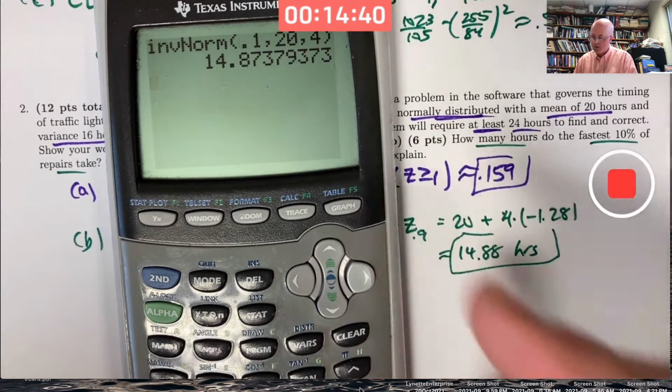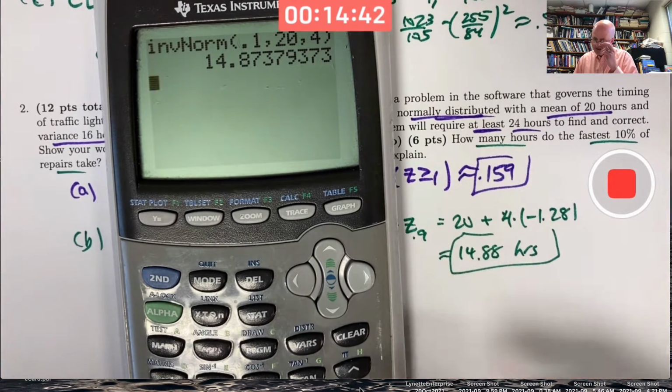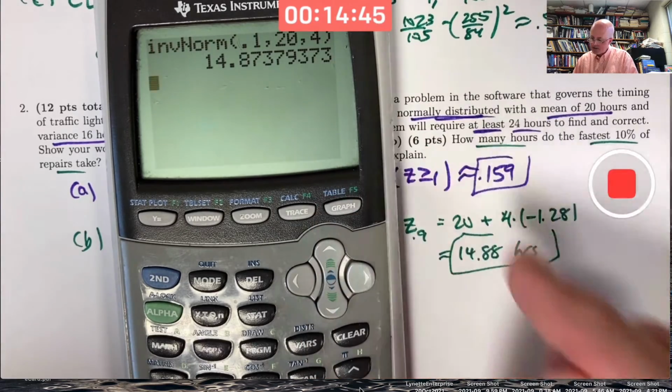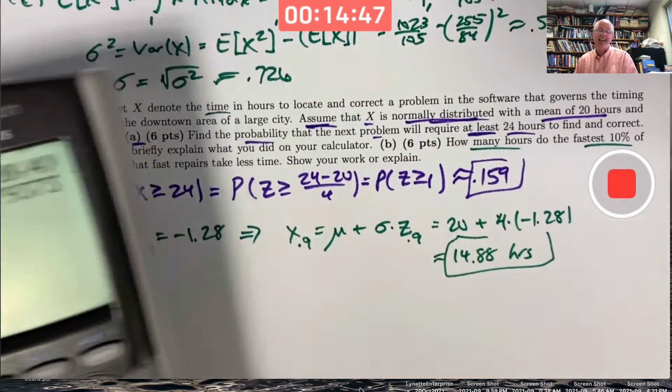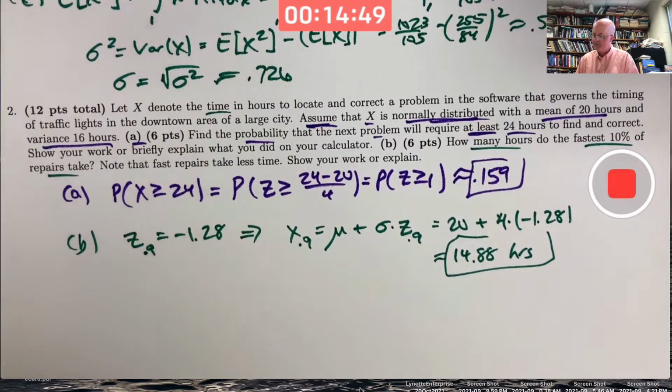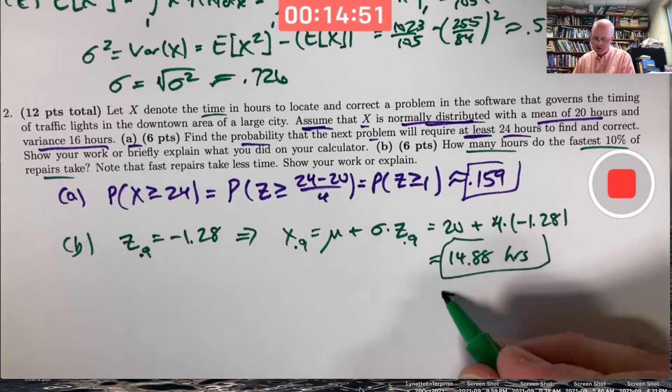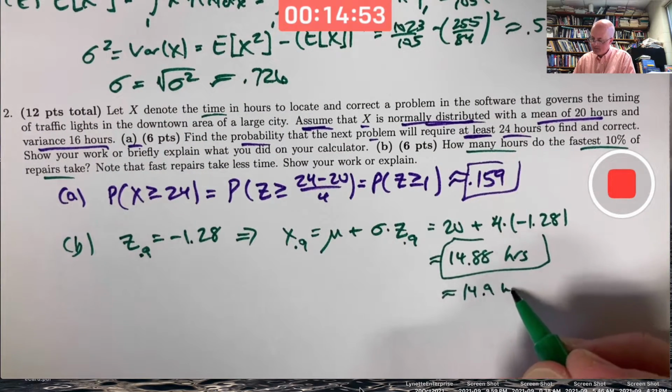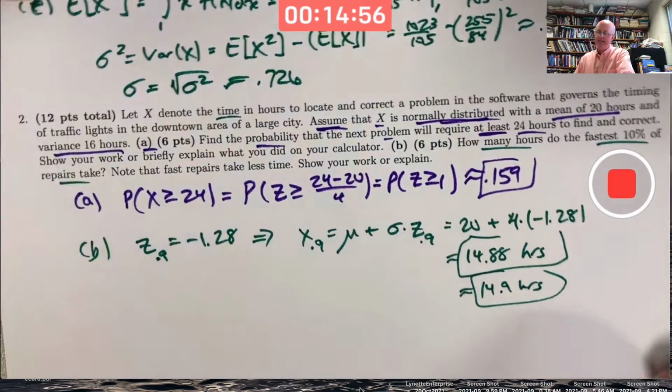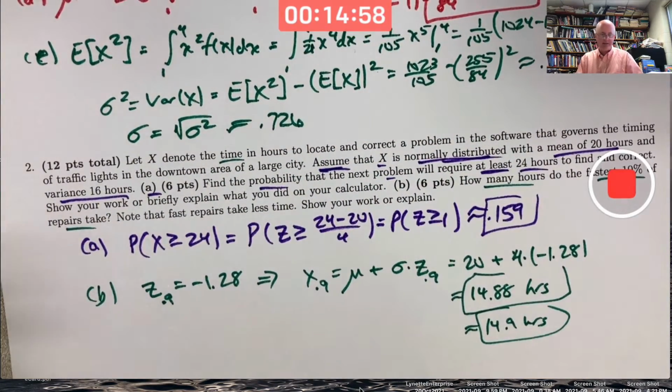Or it's rounding to 14.87, but yeah, this would be the more accurate one than the one we got from the table, because we're not at exactly 0.1 in the table. But good enough. Probably should round it to 14.9. All right, I didn't need as much room for that one. I should have given more room for the other one.